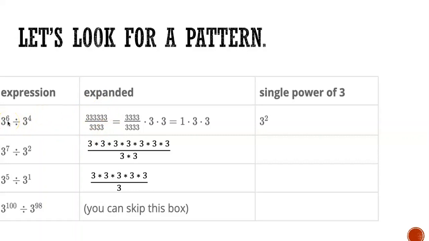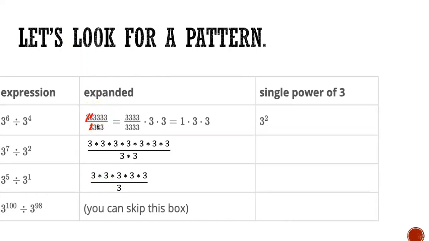For the first example, 3 to the 6th divided by 3 to the 4th, I have expanded 3 to the 6th and expanded 3 to the 4th. Now we know that 3 divided by 3 is just 1.